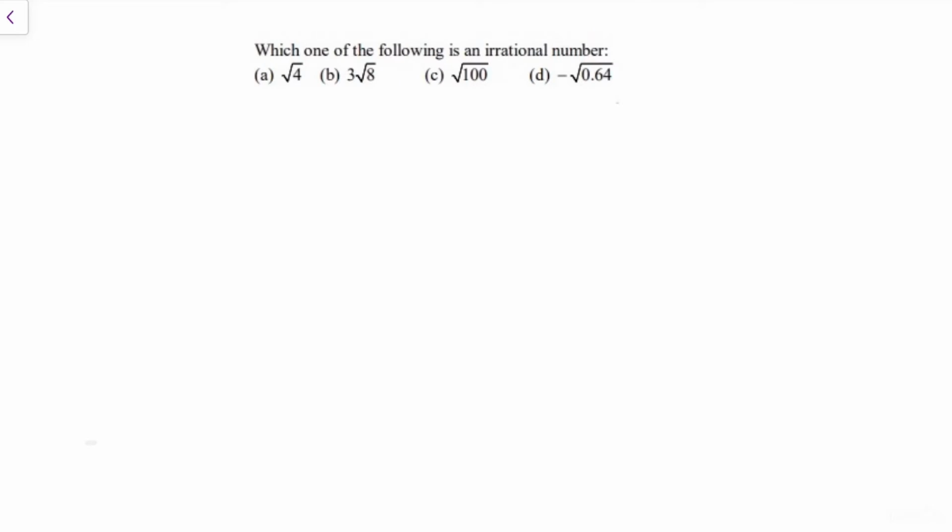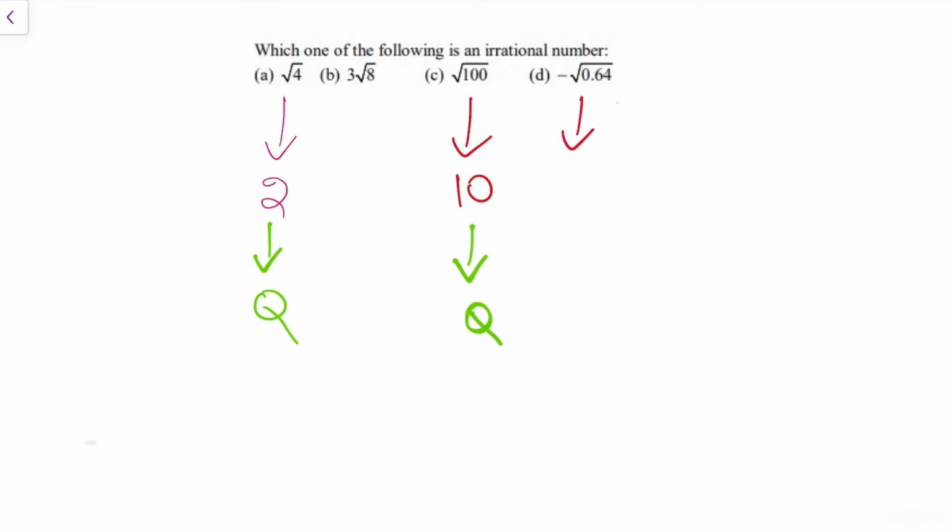Next, which one of the following is an irrational number? So let us check here. Here root 4 is nothing but 2, because 2 square is 4, and this 2 is a rational number. Next, root 100, if we observe, that is 10. 10 square is 100. So 10 is a rational number. Now in this option D, not like the previous case, here the minus symbol is outside of the root symbol, so no problem with the minus symbol.